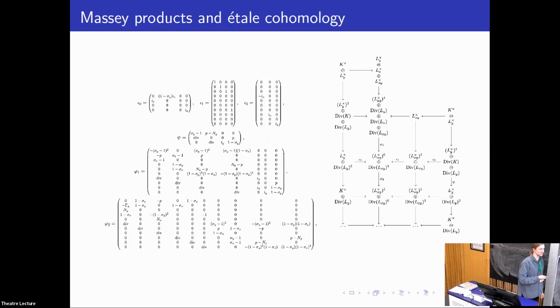It is as horrible as it looks. This is the norm of a certain extension K. This is the divisor, and this is sigma minus 1, where sigma is the Galois generator. And this gamma, where do you have the gamma? Also some Kolyvagin derivative appears. So it's a terrible formula.